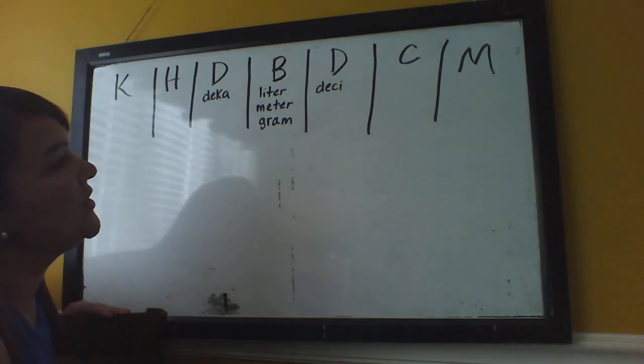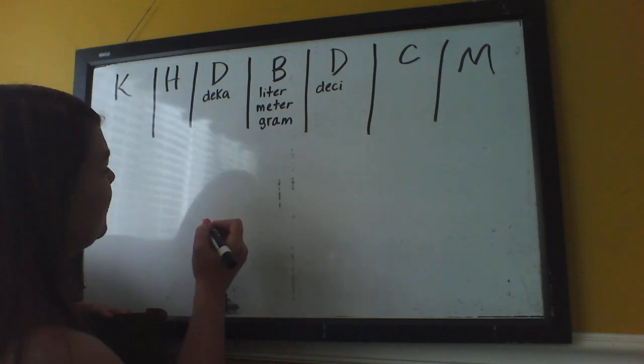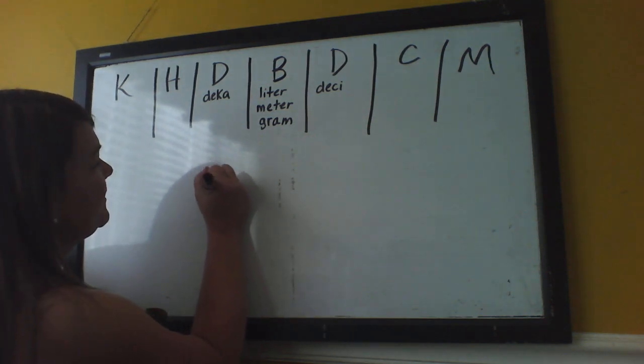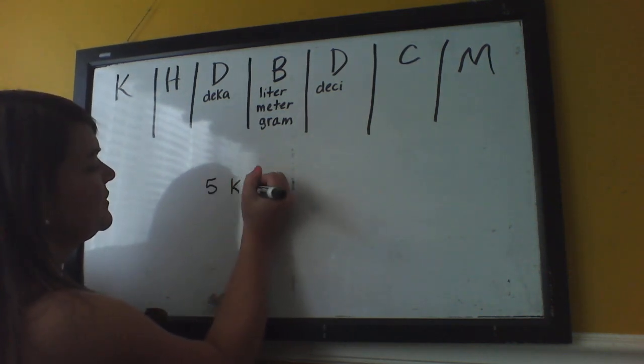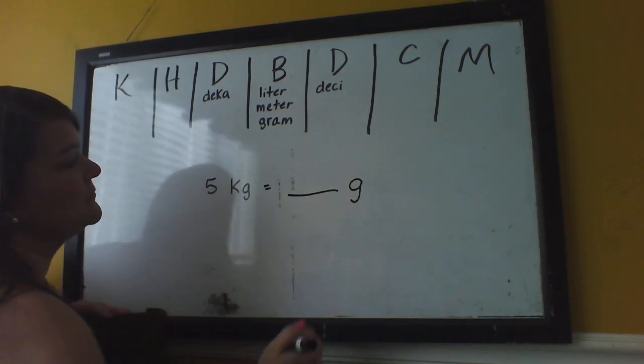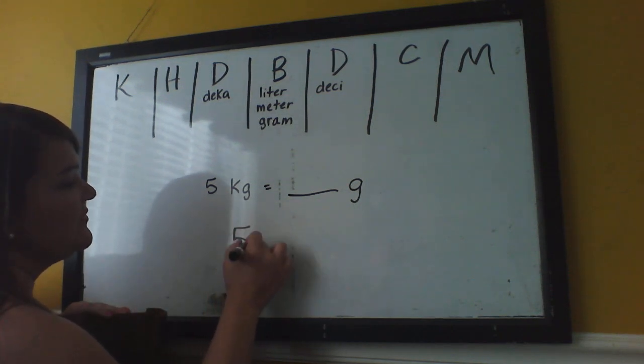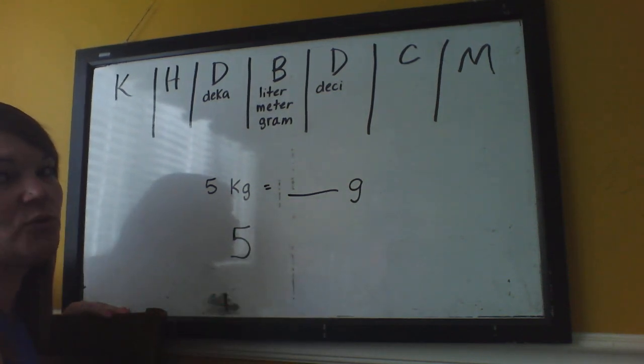So now I'm going to leave my chart, and this time I'm going to go from kilograms. I'm going to say I have 5 kilograms, and I want to change it into grams. Okay, so I write my number. It's 5. 5 is a whole number, so where's your decimal going to go?